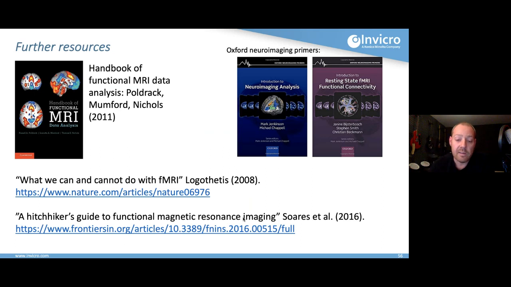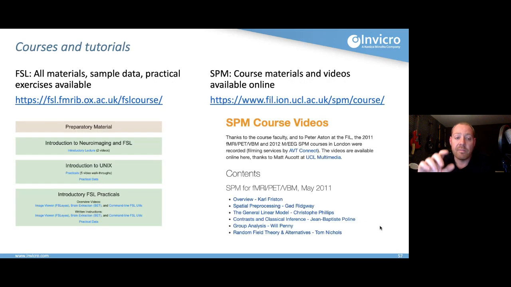And then there's a lot more detailed one, which is a Hitchhiker's Guide to Functional Magnetic Resonance Imaging, which is a Frontiers paper from a few years ago. That goes into a lot more detail about a lot of the stuff that I've covered today and some more. If you're really keen and you want to get into this, both FSL and SPM have a load of material online for learning their software.